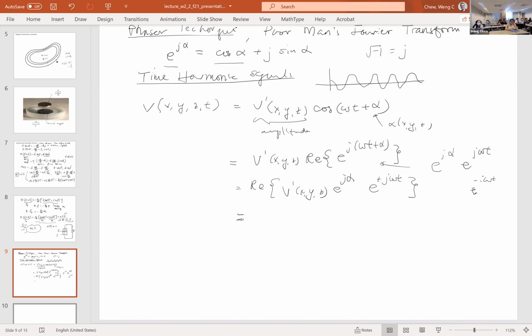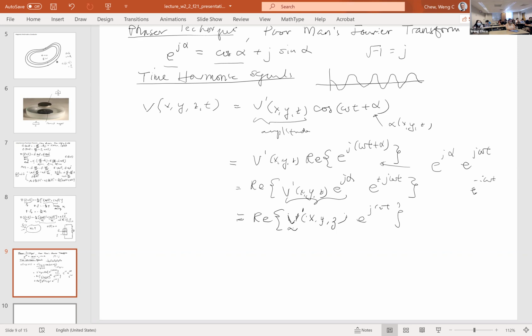So what I can write this as is that this is actually the real part of a complex number, which I call E tilde of x, y, z. And call this a complex number.